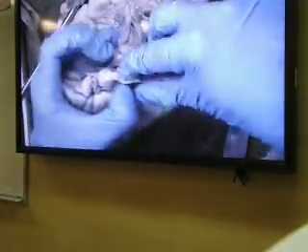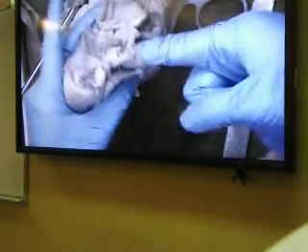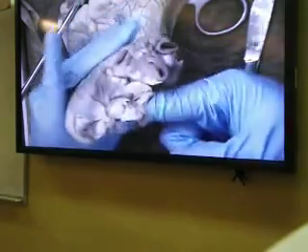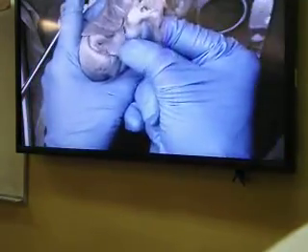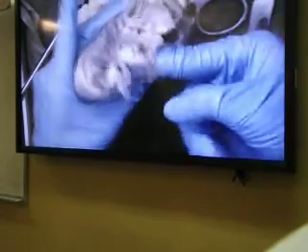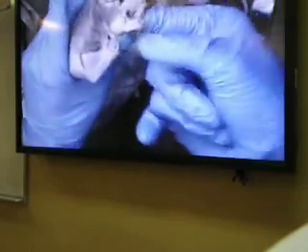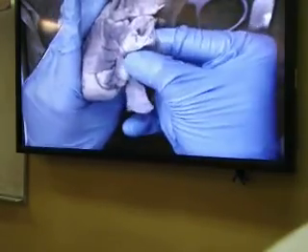Sometimes you try to, but you cannot do it too fast. So this is the superior vena cava. If I push my finger through, then you see the inferior vena cava right here. So not this part. This has been torn in between. Sometimes that happens. But this is the superior. That's the inferior through which your finger comes.